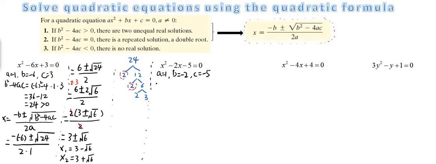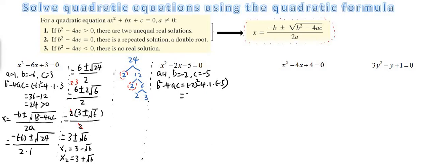And now we're going to calculate B squared minus 4AC. B squared minus 4AC equals negative 2 squared, plugging in B, minus 4 times 1 times negative 5, and we can calculate it.